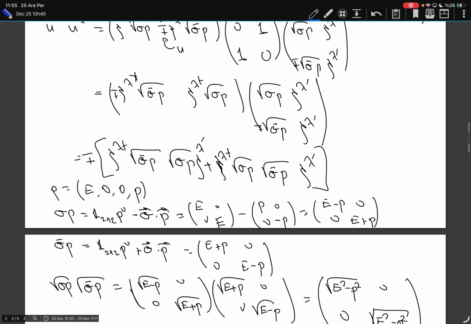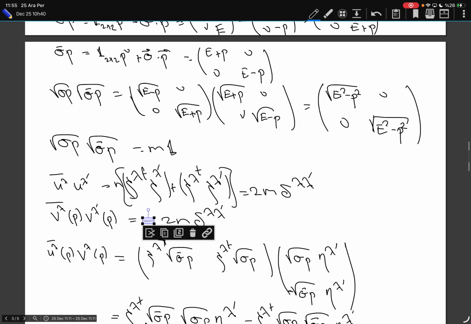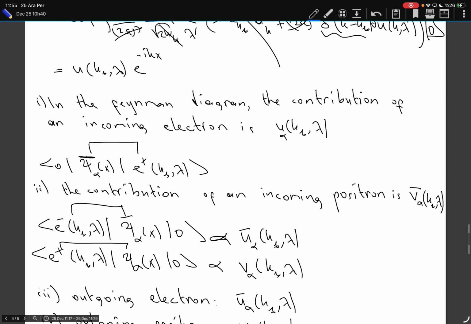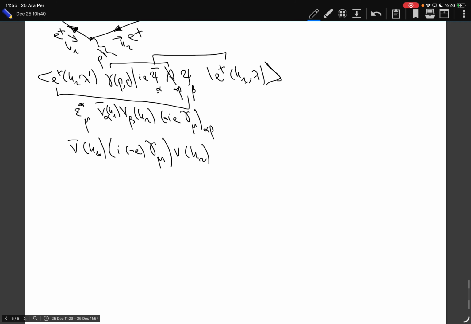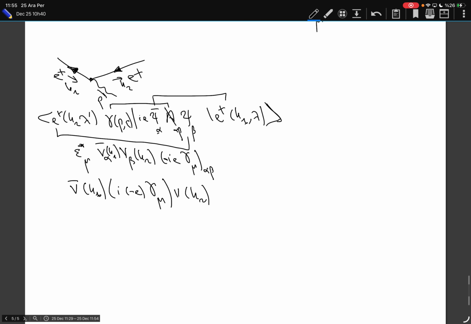Looking for V bar V. Okay. So what your friend is saying is, rather than looking at this diagram, why can't I just look at this diagram?